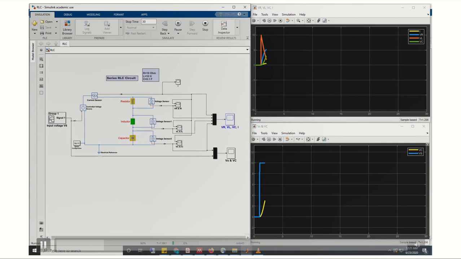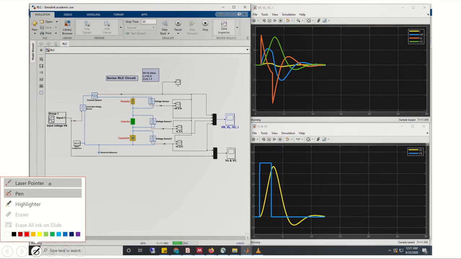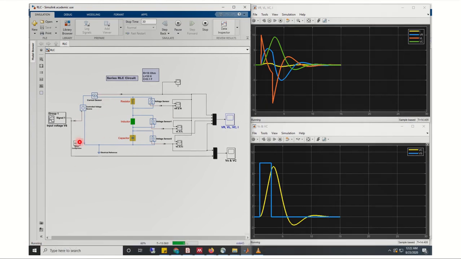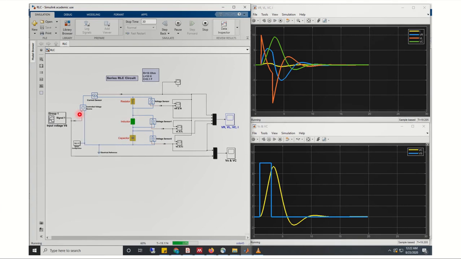So you see an RLC circuit here, and we are giving some input voltage from here. This is a current sensor, and these are the voltmeters across each of the resistor, inductor and capacitor.